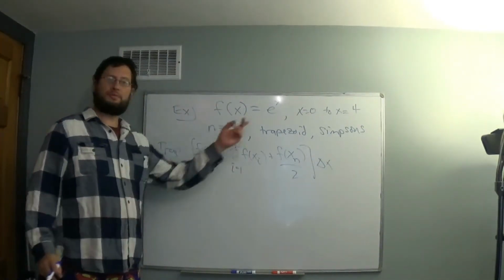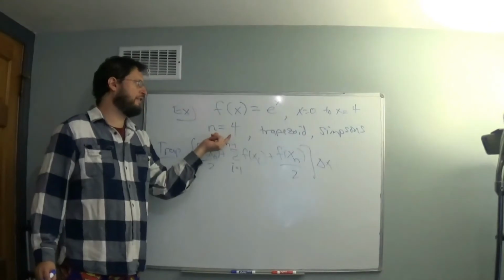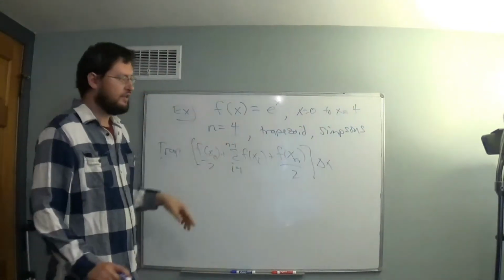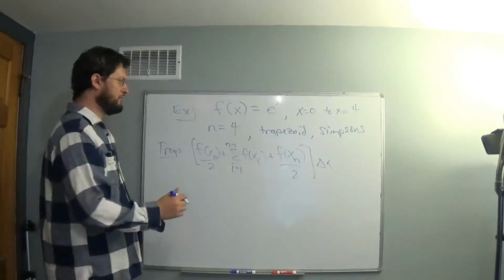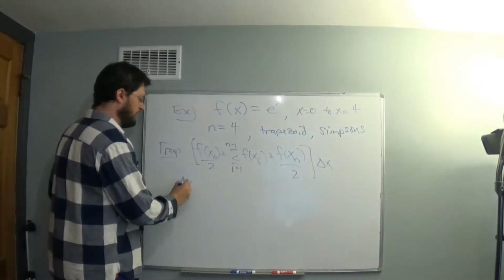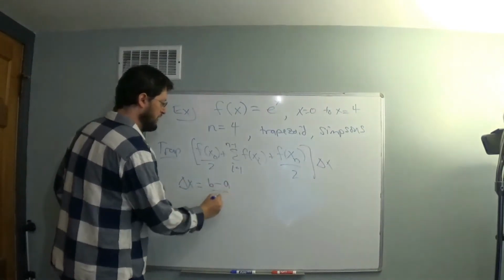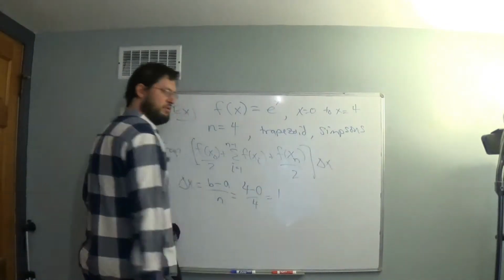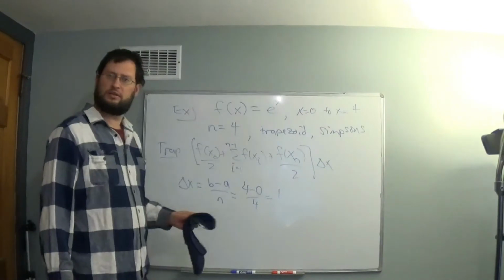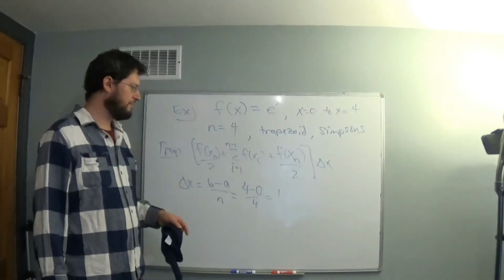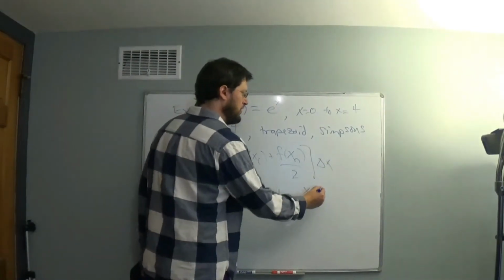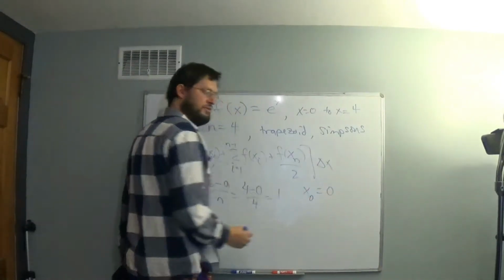Now for both trapezoid and Simpson's, because I have the same a, b, and n, the xi's will be the same. So let's use that as our first step. We'll find delta x first, b minus a over n, which is 4 minus 0 over 4, which makes our life relatively easy here, but the process is always the same. x0 is always the a value, which will be 0.